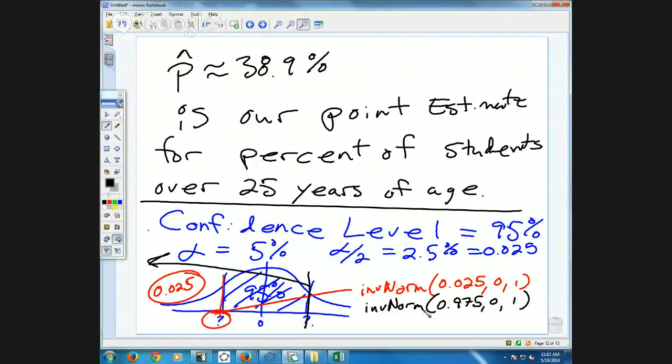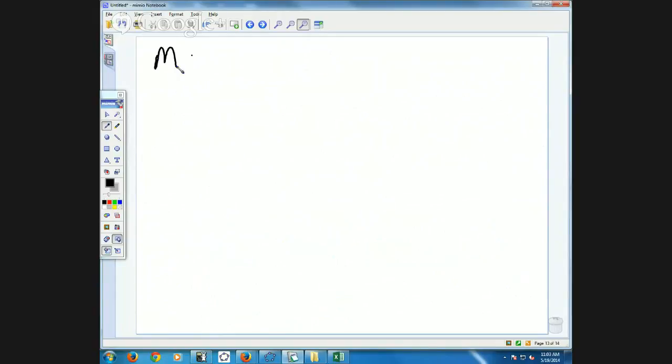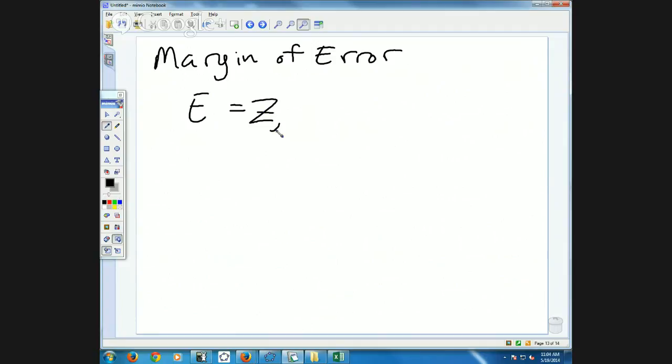Okay. Cool. So now we're going to calculate the margin of error. That's called E, and E is always the critical z-score, which for us is called z sub alpha over 2. That's called the critical score, times this little fudge factor, the square root of p hat times q hat over n. So for us, it's going to be approximately, because I've already rounded, 1.96 times my square root.